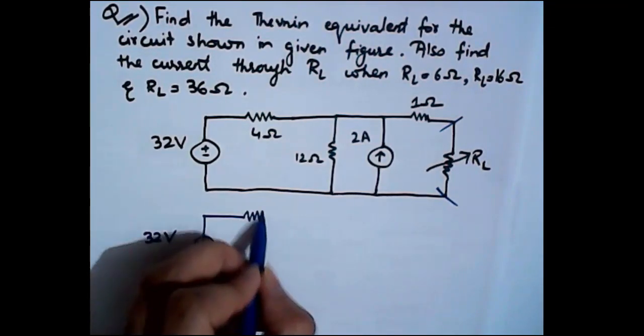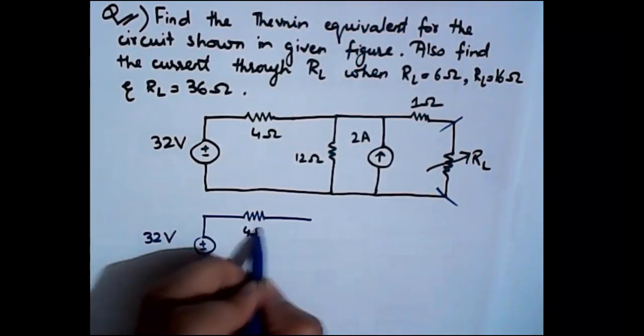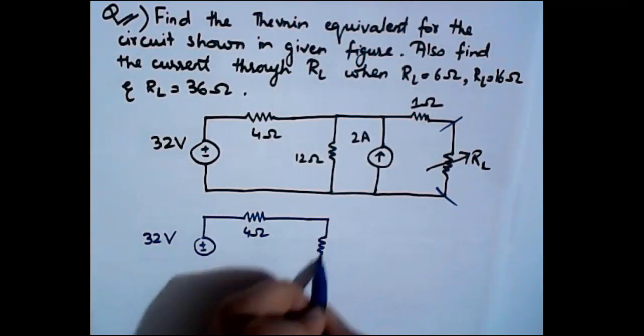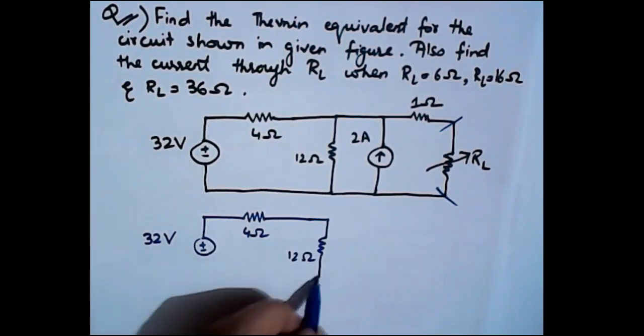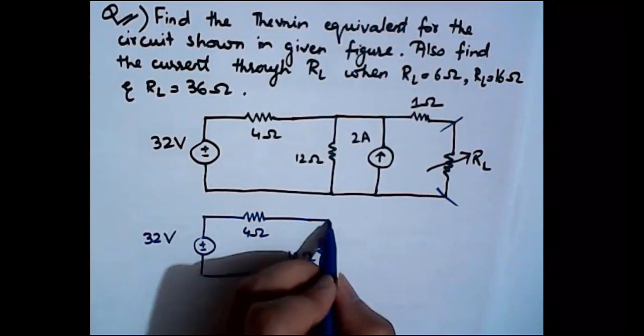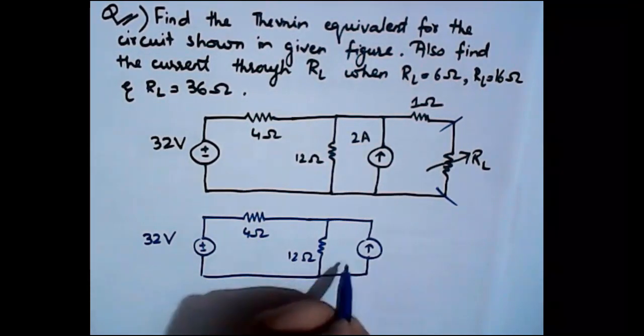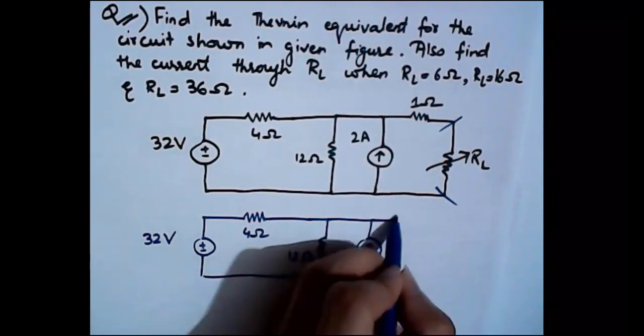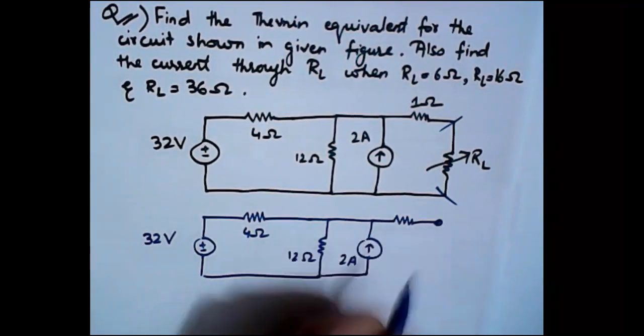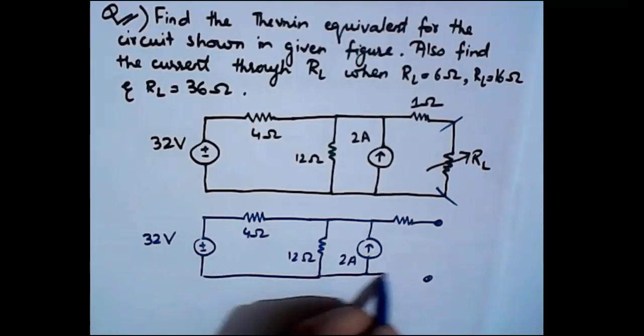This is the 32 volt source, and this is 4 ohms, and then we have the 12 ohm resistance, and finally we have the 2 ampere source, and the 1 ohm resistance, and these terminals will be open circuited.